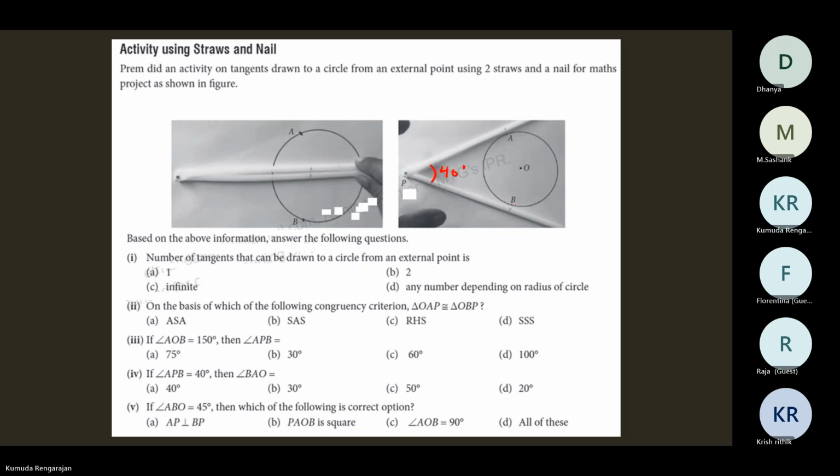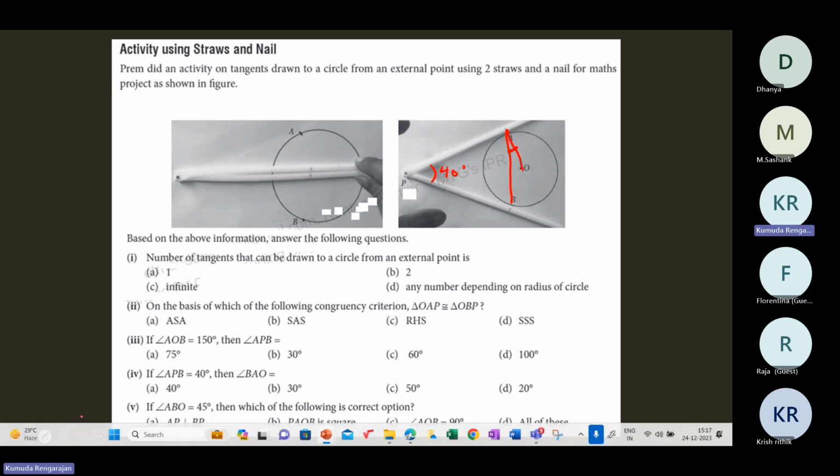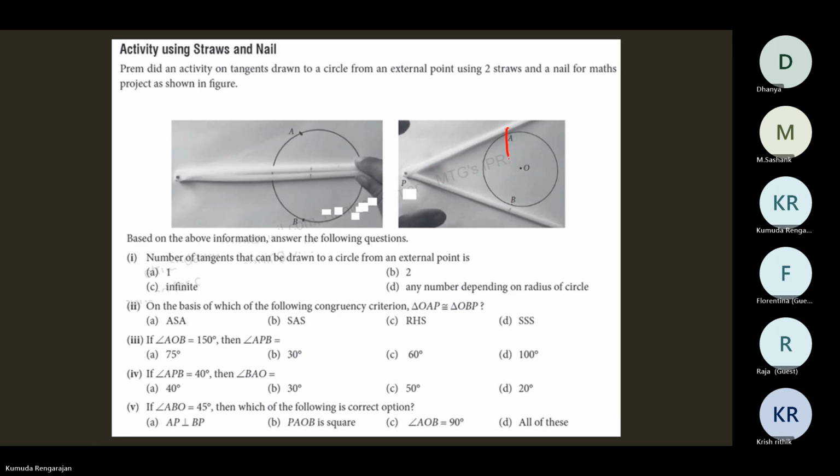BAO, this angle. So we know that this is 90. 180 minus 40 is 140, so it will be 70 here. 90 minus 70, this is 20.